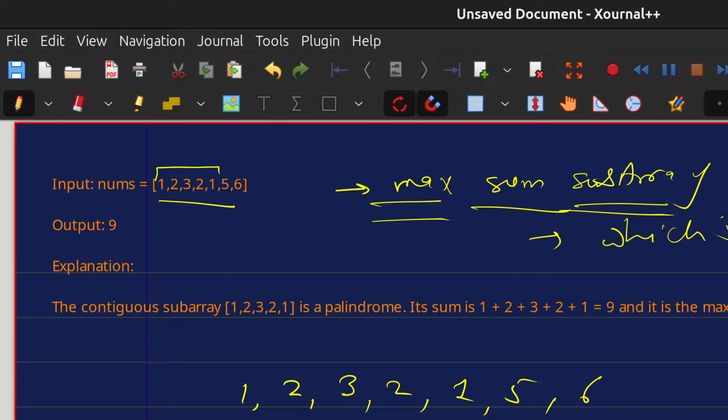Right. So we check the sum of this, right? Then we again go for palindrome. Then we go for here. Like this is just brute force, right? We are checking all the sub-arrays.